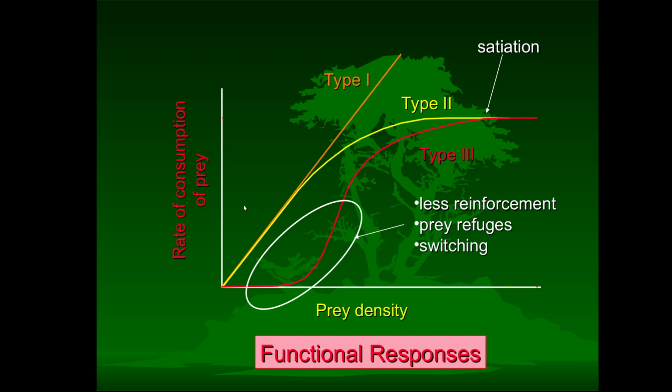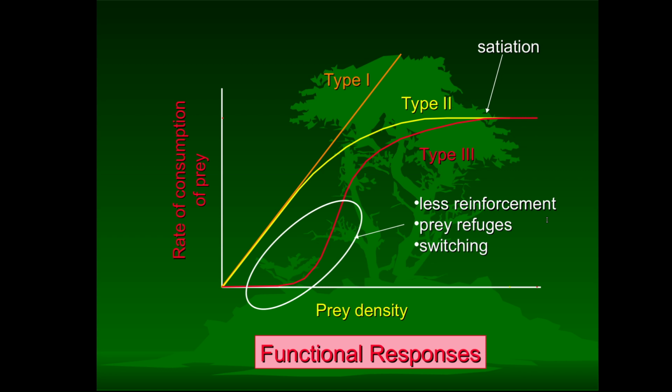Type 1 is just simply a straight line originating at 0. The predator consumption rate is unlimited and is simply a constant multiplied by the prey density. Functional response 2 is a saturating curve originating at 0 right here. The slope of this curve is highest at 0 and decreases to 0 at saturation.